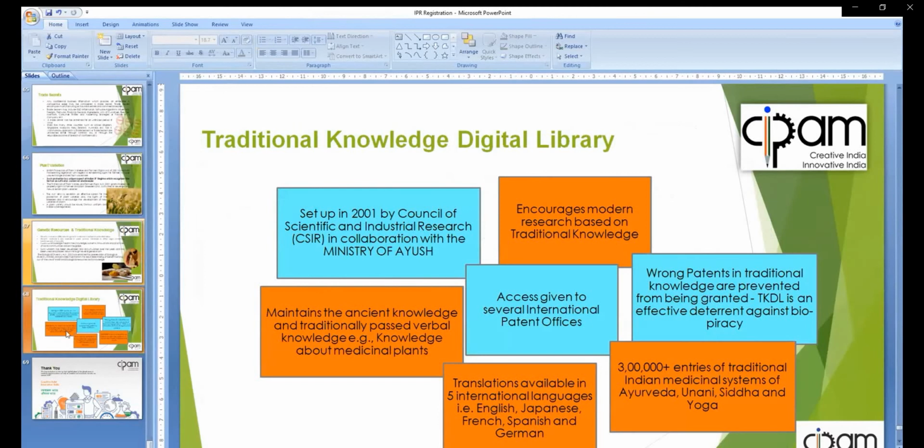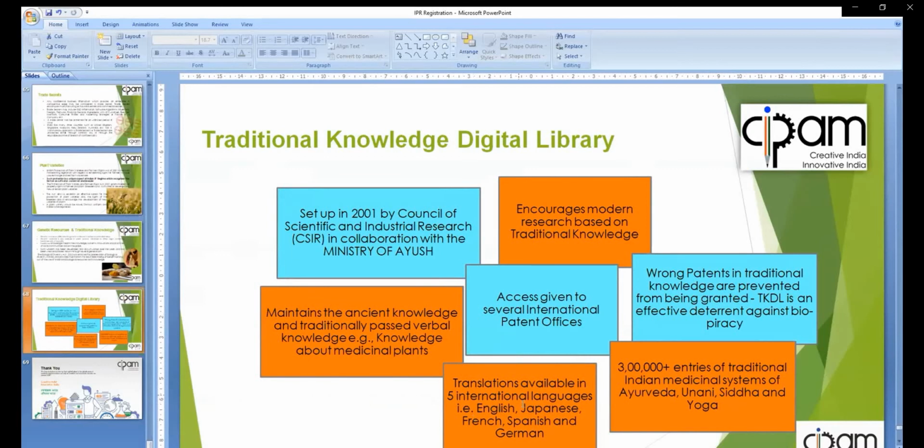So to make us more aware, CSIR has created the Traditional Knowledge Digital Library. This was set up in 2001 by CSIR in collaboration with the Ministry of Ayush, and it has some 3 lakh entries of the traditional medical systems of Ayurveda, Unani, Siddha, and Yoga. We are going to see this website in the next 5 minutes.